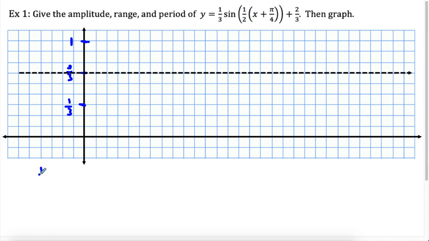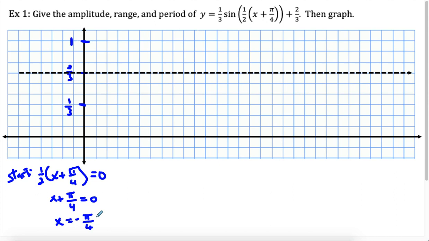So for my start, I'm going to take 1/2 times x plus pi over 4, set that equal to 0, multiply both sides by 2, that will still be 0, subtract pi over 4, and we'll have x equals negative pi over 4. So that is my starting x value.